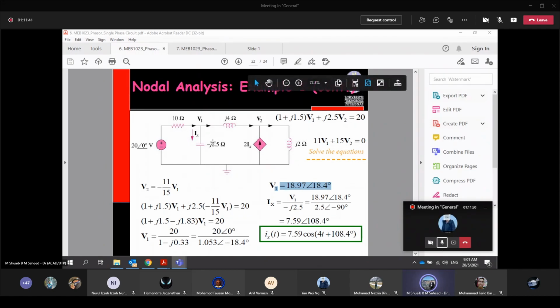What will be the V for this component, the capacitor? You all remember, right? The formula is P equals VI, power. So what's the value of V here for this capacitor?